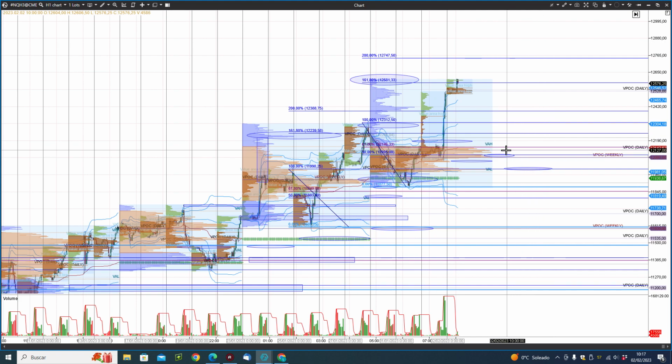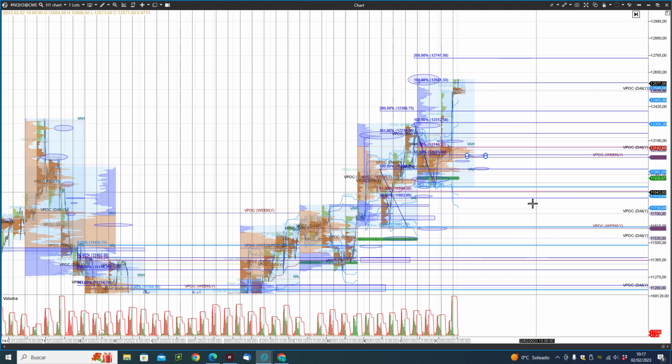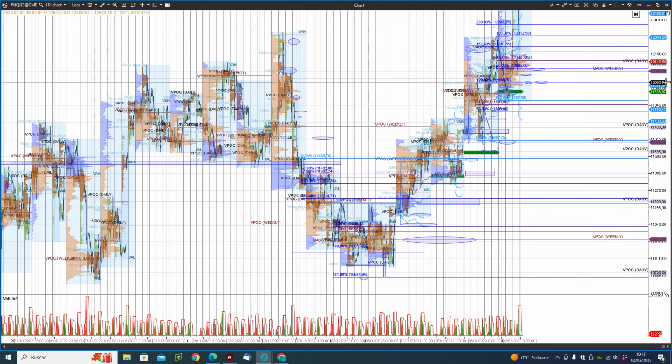And then we must take a look at the lower targets. In this case, the main target would be this zone, we must move to the value area high. If it is broken, we'd go to the weekly VPOC about 12,079.